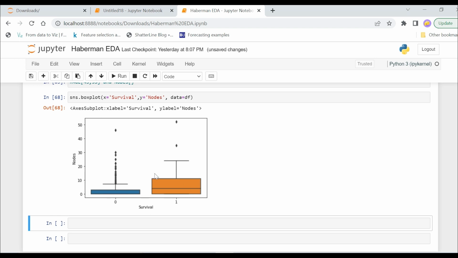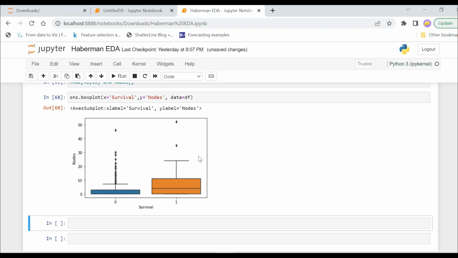The nodes are one of the very important features here, because you can demarcate between these two. If I remove these outliers, it will be very easy for me to say that people who have nodes above maybe 7, say this point is 7, will live less than 5 years, people who have nodes more than 7.